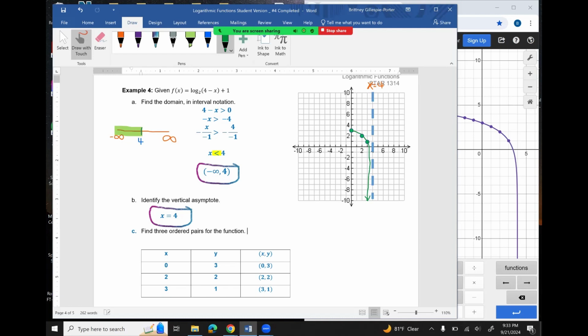This should be as close to the asymptote as you can, but mine's not working that well. There we go. I did get part of it going. There we go. And then you still have to draw it to the left as well.